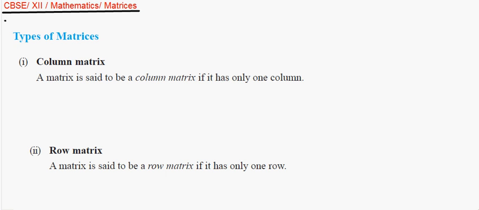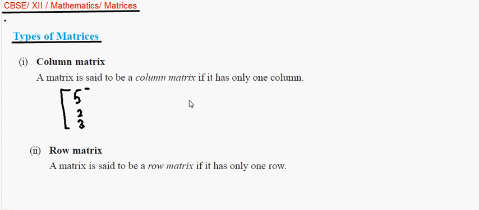First, let's see the first type, that is column matrix. The name indicates it is nothing but a column matrix. A matrix is said to be a column matrix if it has only one column. Suppose, for example, you have a matrix like this: 4, 5, 2, 3.